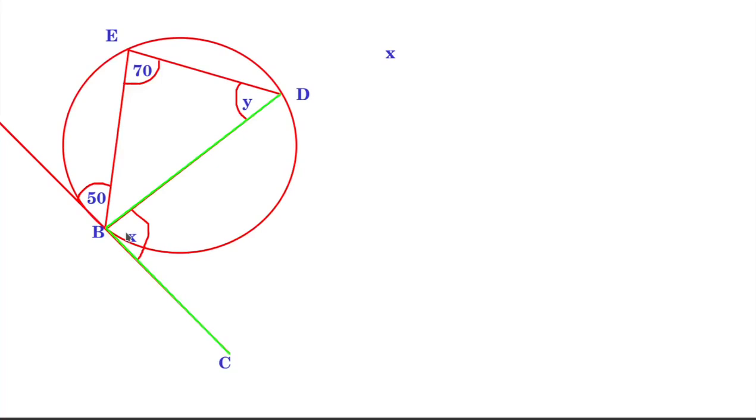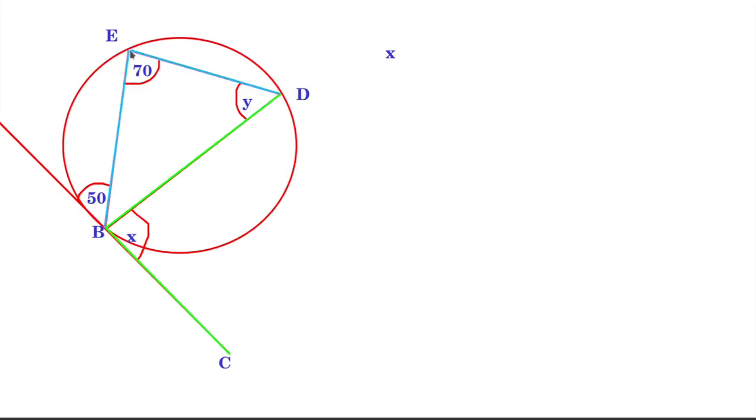Now, according to the tan-chord theorem, the angle between a tangent and a chord is equal to the angle subtended by the chord. From this chord, the green one called BD, what angle is arising from the ends of this chord? Let's highlight it too. It's these two.